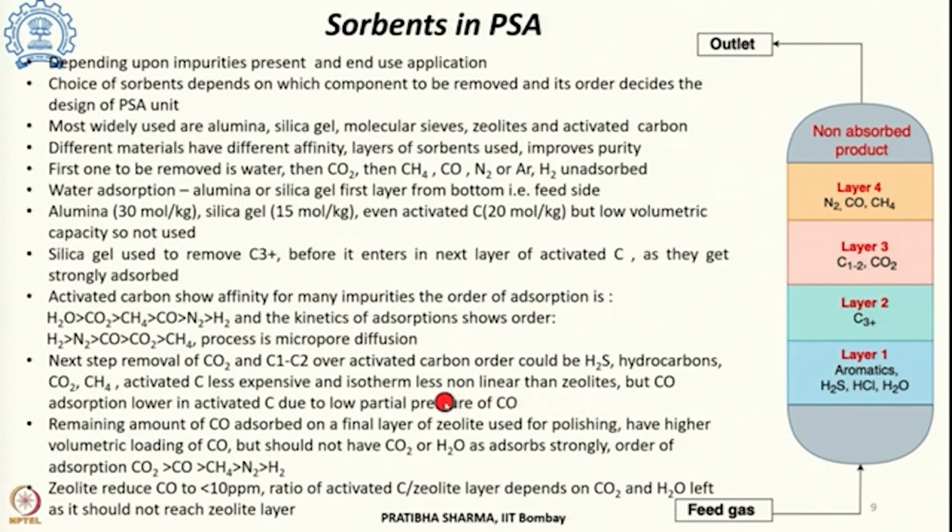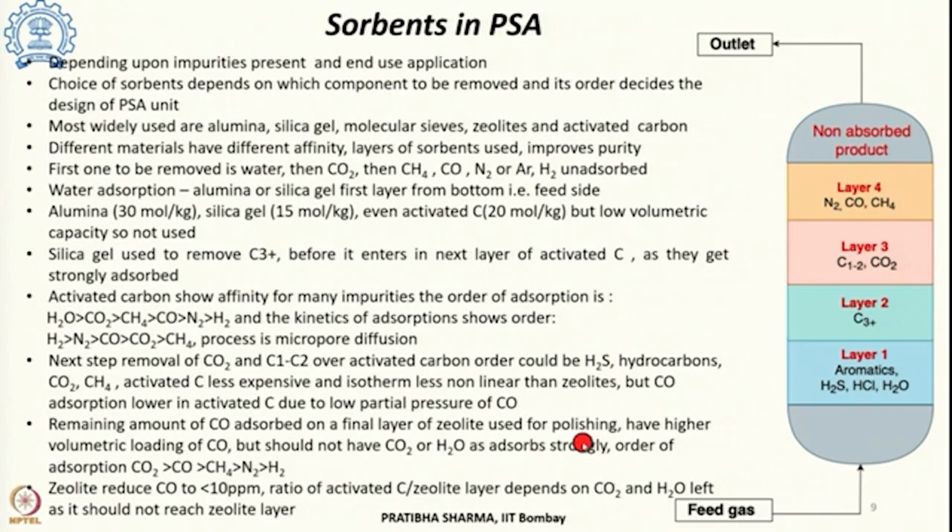At the same time, the cost is comparatively less, but the problem with activated carbon is that it has a lower adsorption towards CO. This is because CO has a lower partial pressure, so it can only partially remove CO. So, our next layer is further required to remove the CO content, and that is a final layer of zeolite.